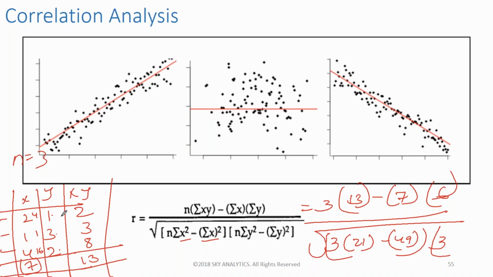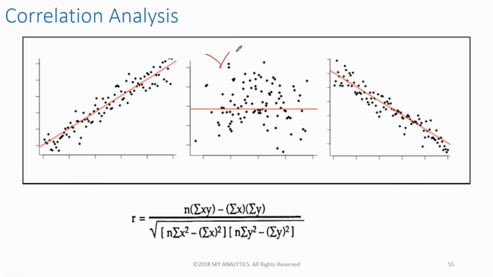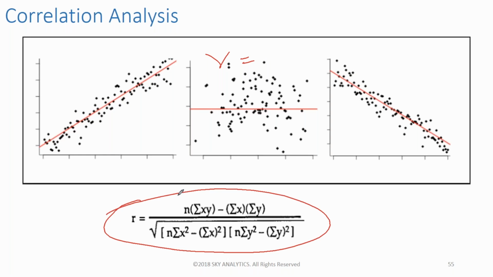Y values are 1, 1, 9, 4, so it is 14, minus summation of Y whole square. Y is 6, so it is 36. If you calculate this entire thing, you get your R value. Just note down this formula.